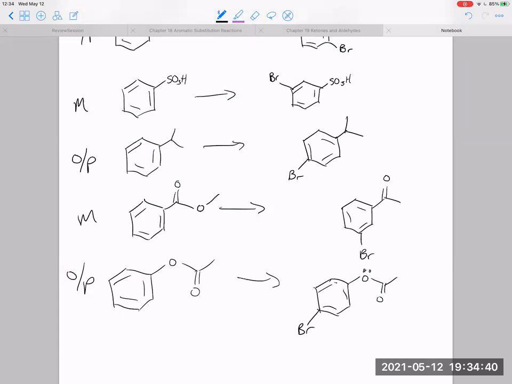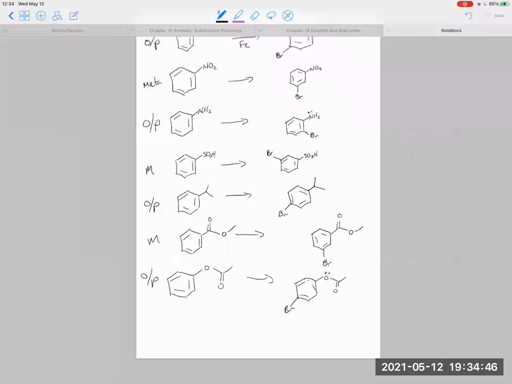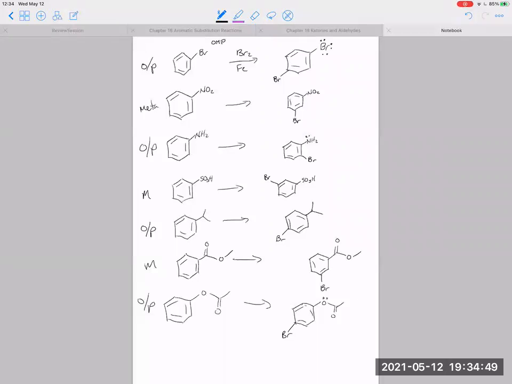If I stuck an ester on the other way, it would still be meta. So if you have a lone pair directly next to the ring, it'll be an orthopara director. The only exception to that rule would be our alkyl group here that doesn't have any lone pair, but it's still an orthopara director.